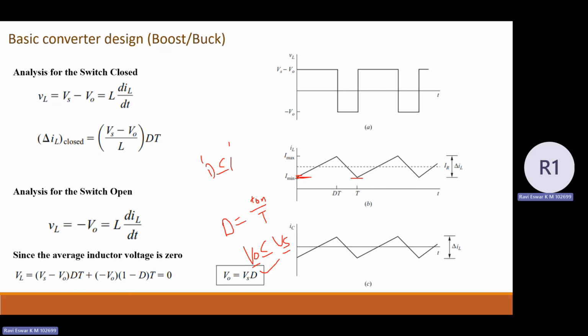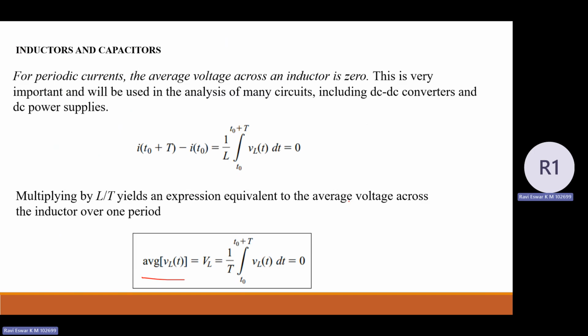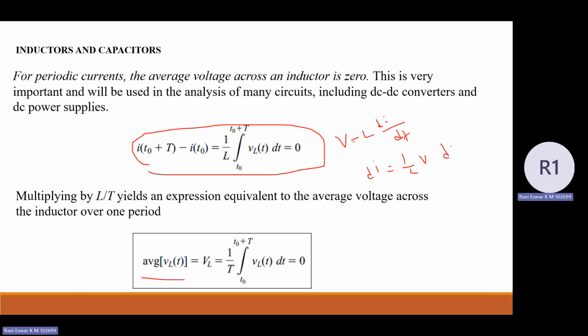This minimum current should always be equal when you pass from one cycle to another. Then only I can write V equal to L di by dt. So from this I can write di equal to 1 by L V into dt.